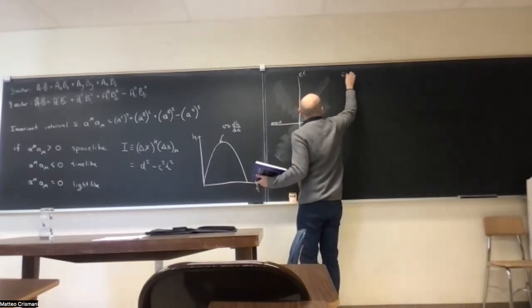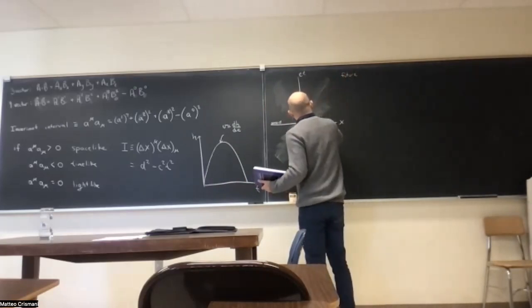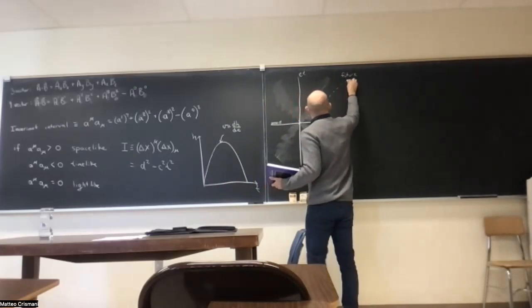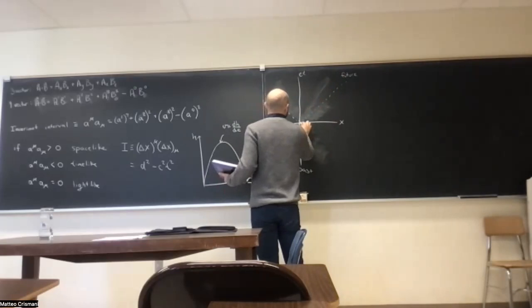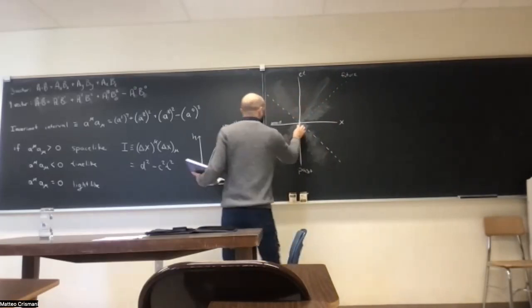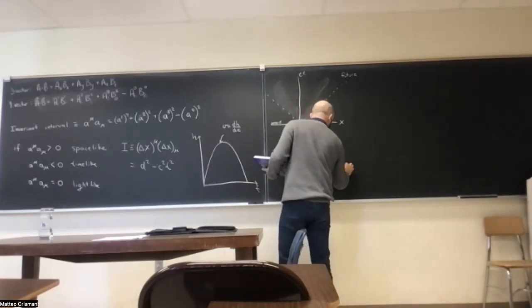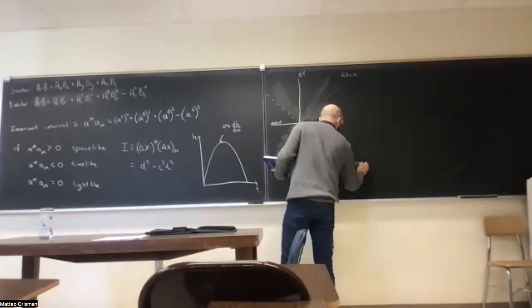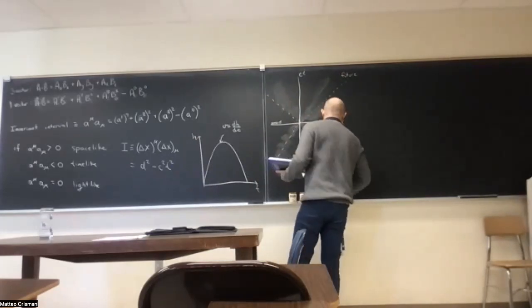Future. And I'm going to draw some lines here. That's your 45-degree angle, even though it wasn't perfectly drawn at first. And the claim was that these are light-like intervals. So C equals V.